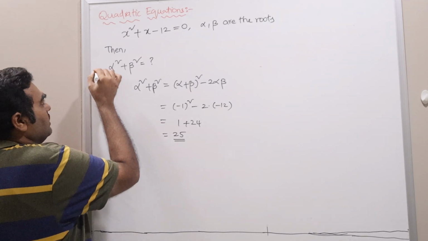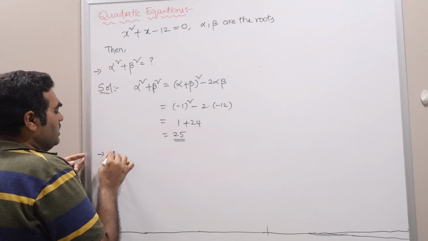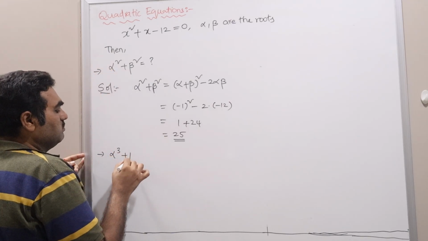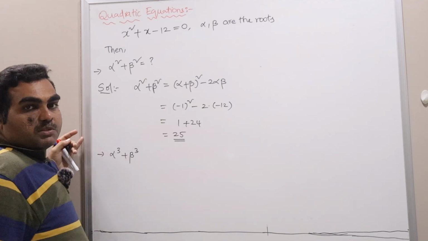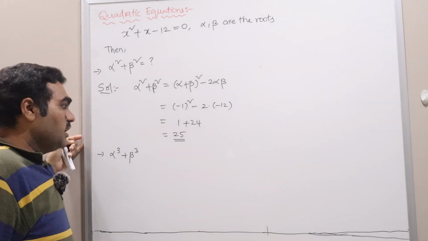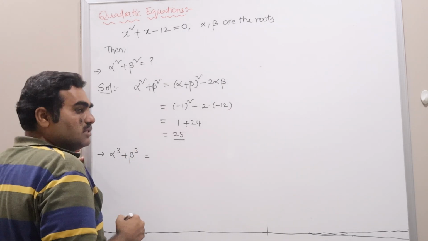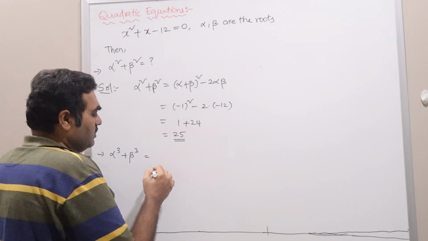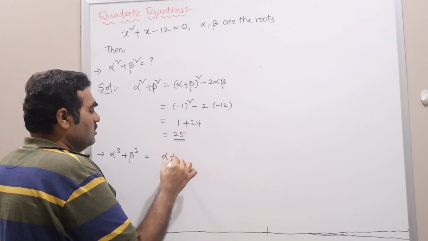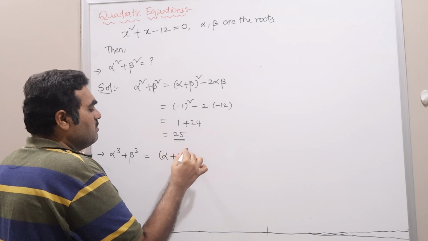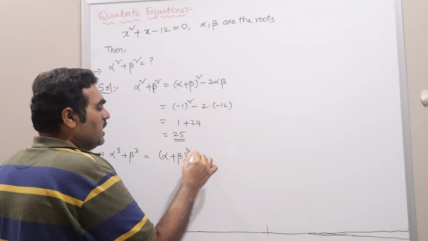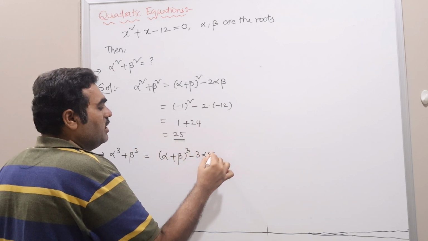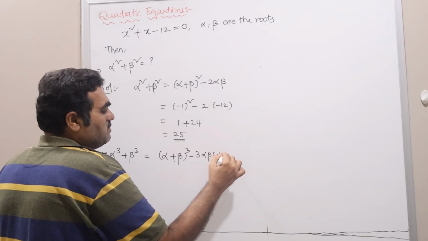Similarly, let us consider various quantities here. Alpha cube plus beta cube. Once again, we can use the basic results that you have learned in your algebra and exponents concepts. So a cube plus b cube is given by a plus b whole cube minus 3ab into a plus b.